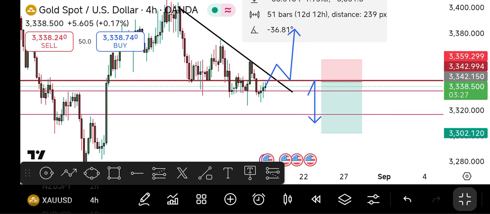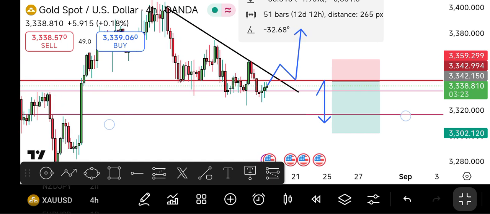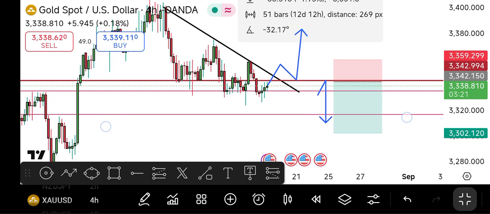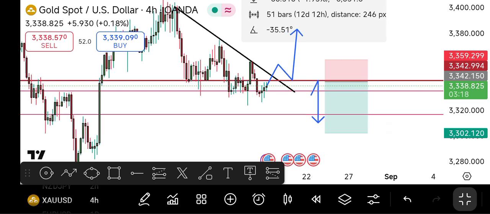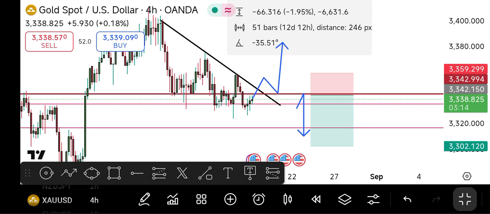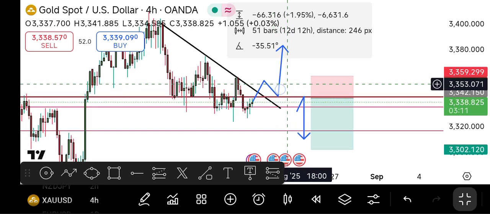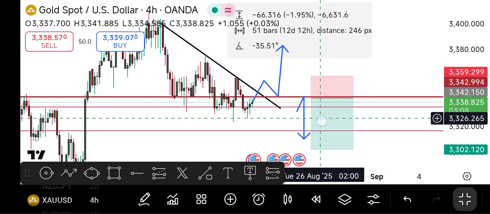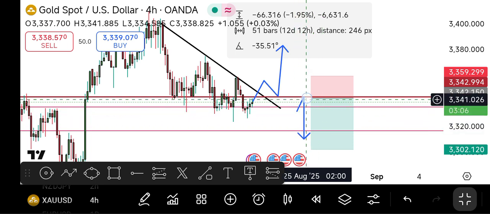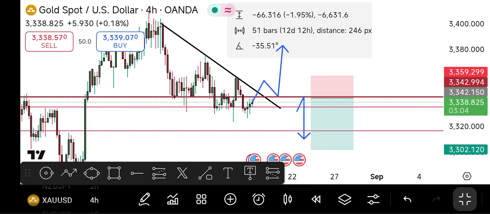If the market doesn't move to the upside to break and retest the red line, like the trend line, I'll be expecting a break and retest of this certain level to the upside, or I'll be expecting a break and retest of this level to make a sell.